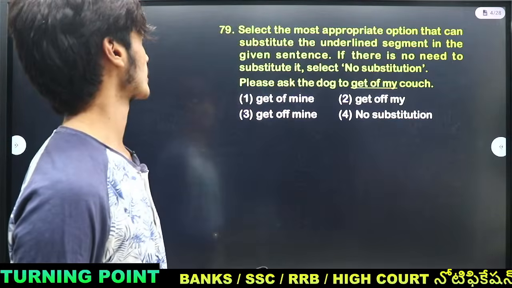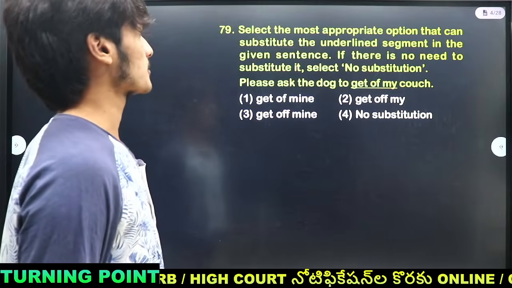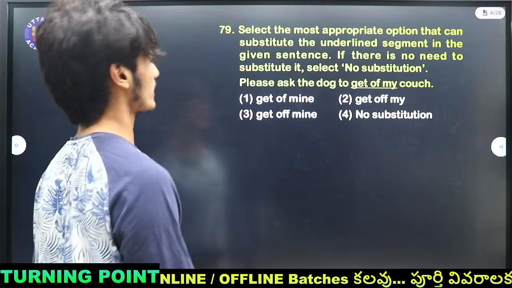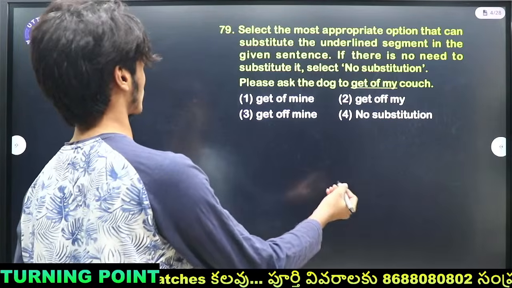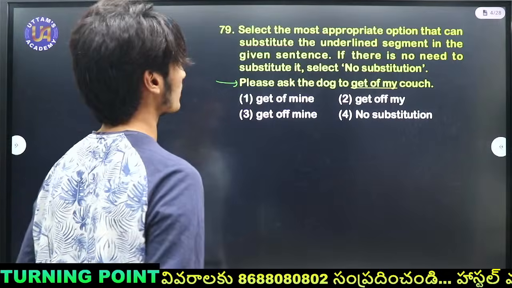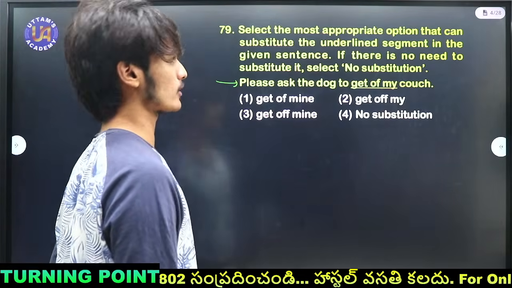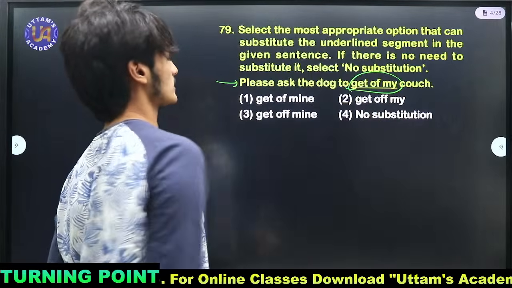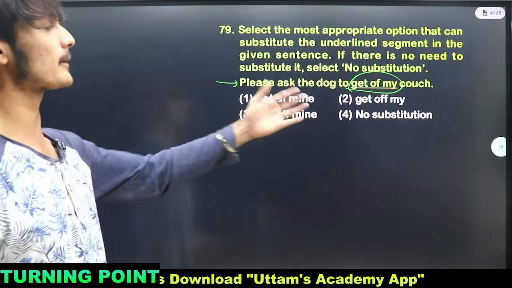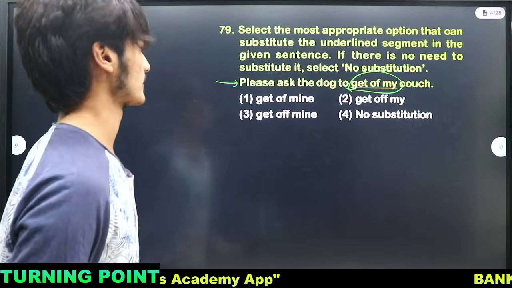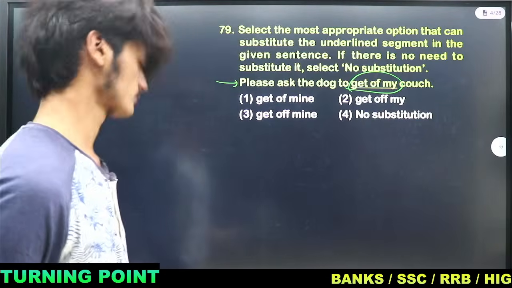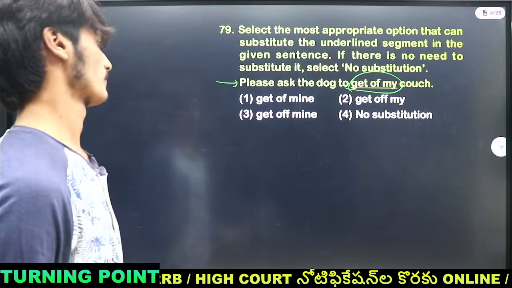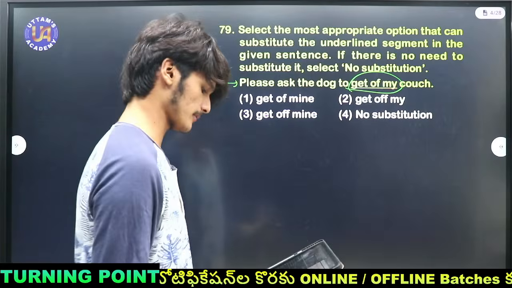Then coming to this question, select the most appropriate option that can substitute the underlined segment in the given sentence. If there is no need to substitute, then select no substitution. Please ask the dog to get off my couch. Is there any suitable option that can be replaced in place of get off my? Anudipti says option B, get off.